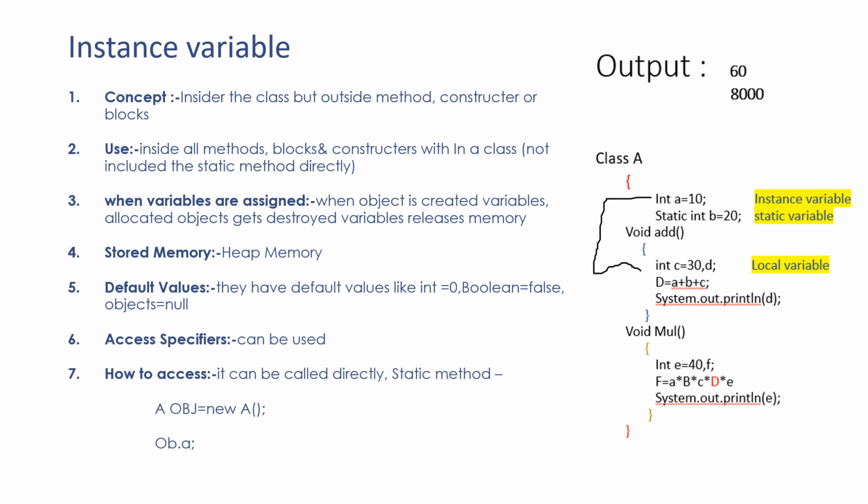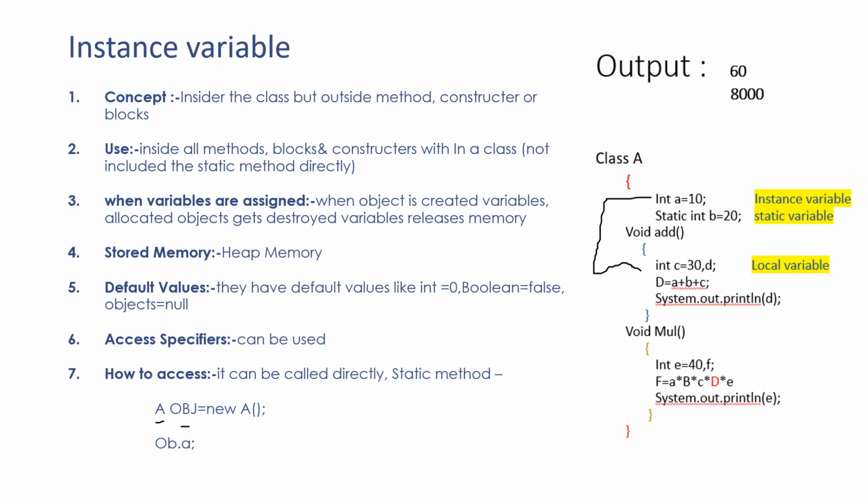So if you see here, object is equal to new A. This is the variable we are creating, and this is the variable name. We are creating a new variable of A. So this is the variable name, and this is represented with object is equal to new A, calling the constructor.